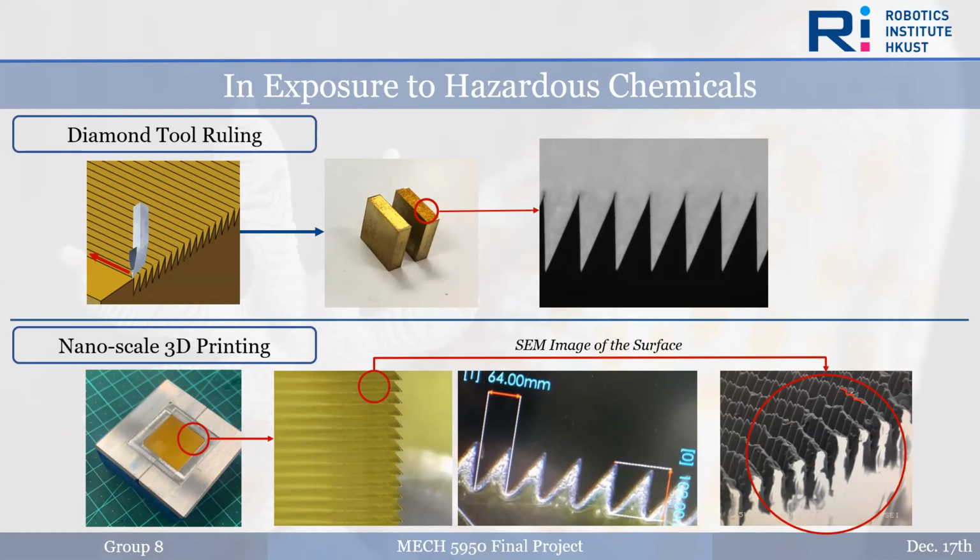But if any hazardous chemicals are present, the surface will be contaminated. If you use an SEM to enlarge the surface, you may see, where I've highlighted, that the chemicals actually polluted the surface, and then the surface becomes destructed, and it's not smooth anymore.